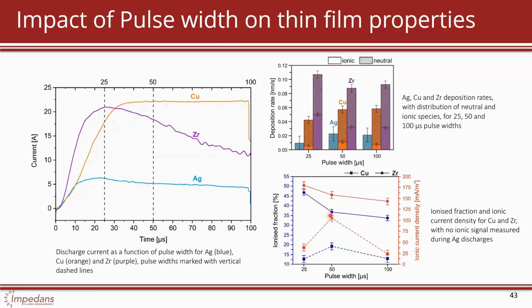So this was a way of optimizing the flux fraction, the ionization fraction. So this is with a quantum measurement. Whereas in the case of zirconium, it was actually better to have a shorter runtime to have the maximum ionization fraction. So you can use this for optimizing the pulsing parameters for the HiPIMS source. This is all done with the in situ quantum system.